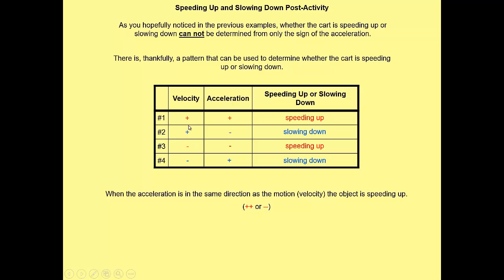Both positives, number 1, both negatives, number 3, both speeding up. And if they're opposites, numbers 2 and 4, then he's slowing down. There's the pattern. You can't just look at an acceleration and know what that means about the velocity. It'll tell you how quickly the velocity is changing, but it won't tell you whether it's speeding up or slowing down unless you also know the direction it's moving.